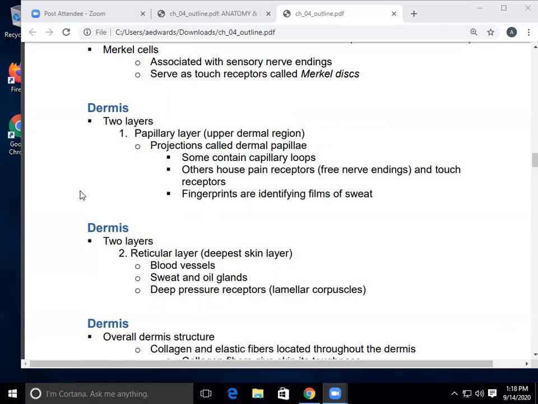There's also some fatty tissue in the reticular layer as well, but basically there's some tissue that this is connected to underneath. So epidermis, dermis, and then in the dermis, papillary, reticular, then hypodermis tissue. Good question.